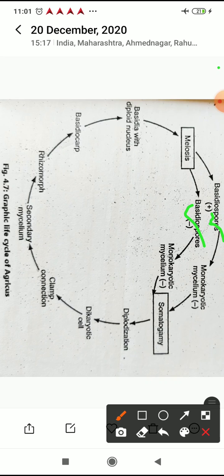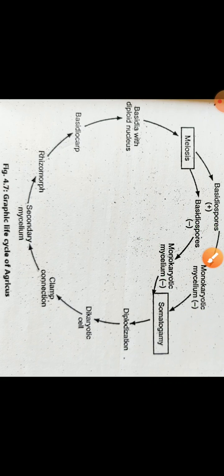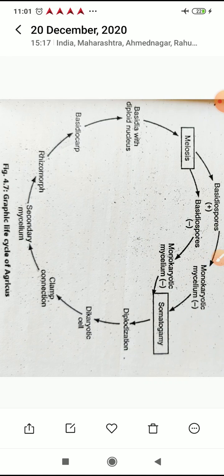Such basidiospores, after falling on suitable substratum, germinate to produce monokaryotic negatively strained and monokaryotic positively strained mycelium. Two such mycelia of different strains fuse to form secondary mycelium, or dikaryotic mycelium.